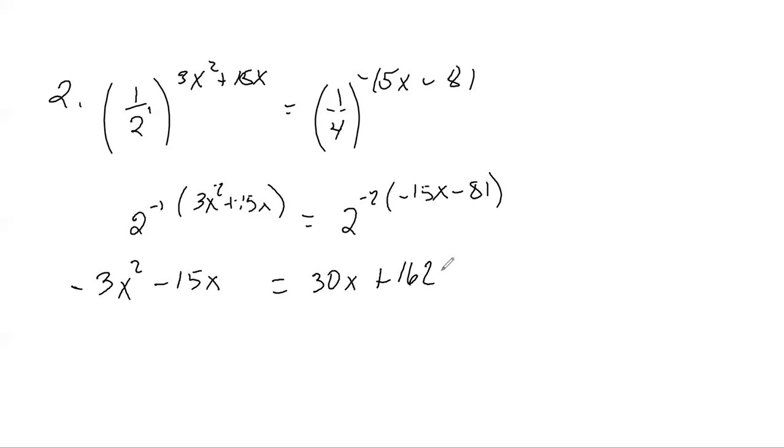Let's get everything on the left side here, which is going to make everything, actually, I don't want a negative in front of the x squared. Let's put it on the right-hand side. We could have done it, but we would have had to factor out a negative number. Easier if I just add. So add 3x squared, add 15x.